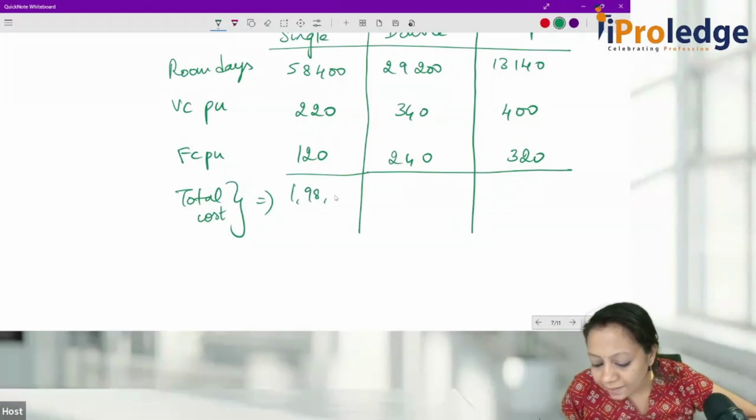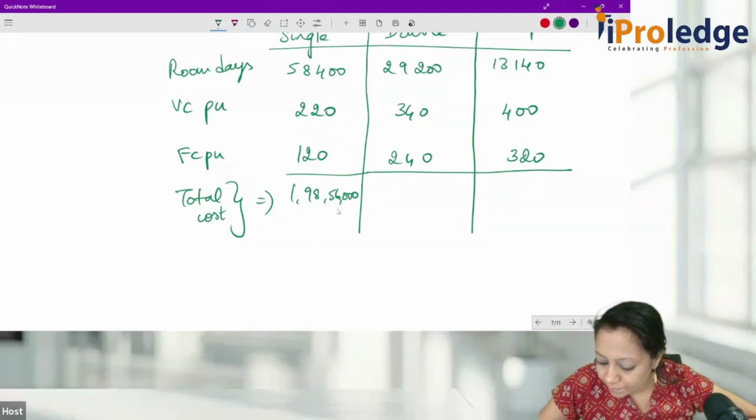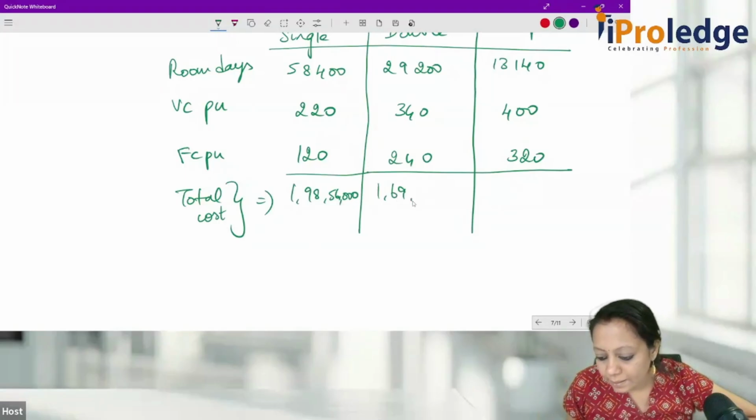One crore 98 lakh 56,000. I will explain something here also.